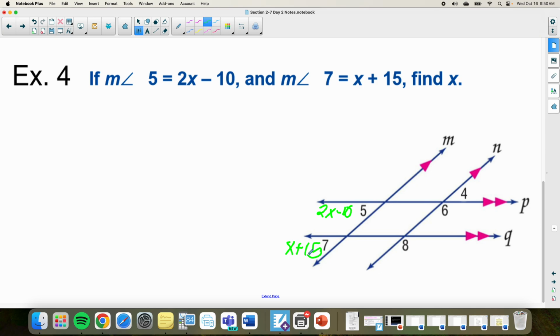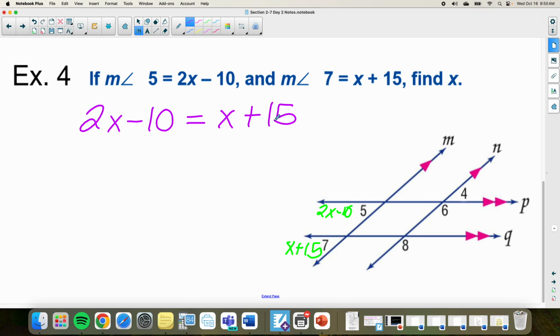So just look at these two. What kind are they? Can you tell? Corresponding. And what do we know about corresponding? They're congruent or equal. So what we would do is say here that 2x minus 10 equals x plus 15, and we would solve for x, okay?